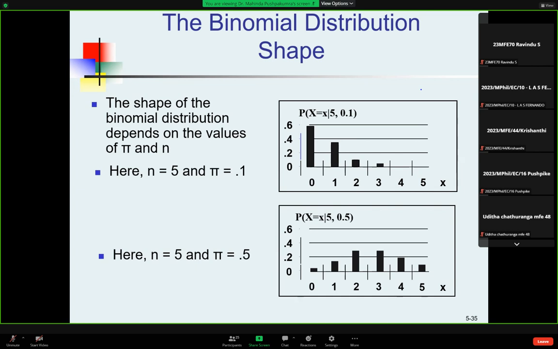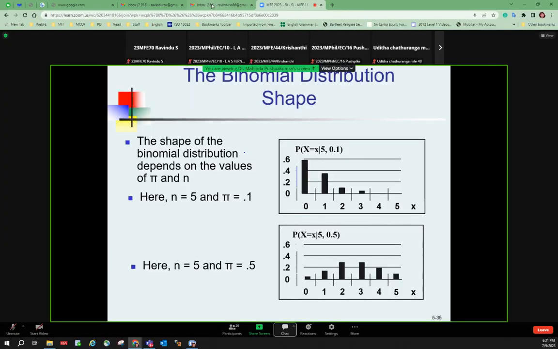The shape of the binomial distribution we already discussed. The shape of the binomial distribution depends on the value of probability of success and n. Mainly it depends on probability of success.